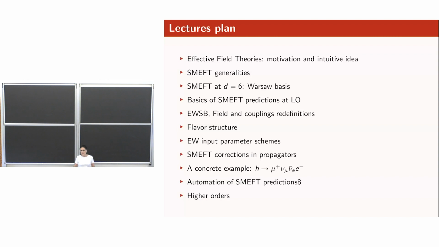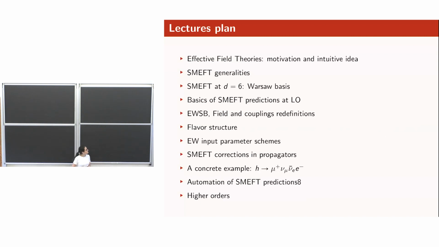The course is called Predictions in SMEFT, so we'll talk about predictions quite a lot. There is a long part that we will do most likely tomorrow about doing calculations with this Lagrangian at tree level, leading order. There's a bunch of formalities that need to be defined, and we will do some examples.